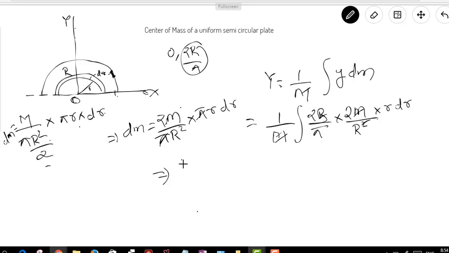Then we are left with 4 by pi r square integration of r dr over the limit 0 to r.